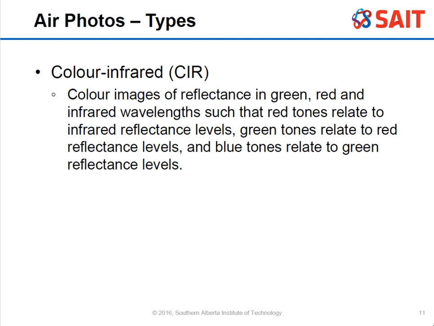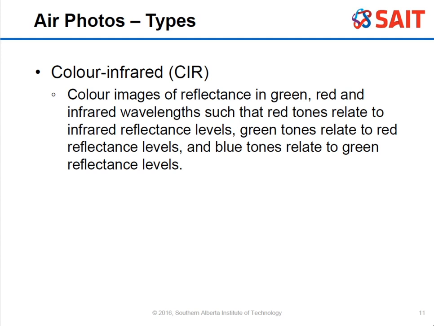The red tones relate to the infrared reflectance because the original format of color infrared was an infrared strip for the film, then green, and then red. You can think that it captures the different wavelengths and kind of filters them out as it goes. So the longer wavelengths pass through, and you can kind of inverse what I was saying.